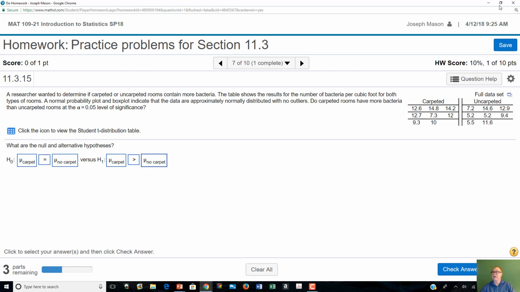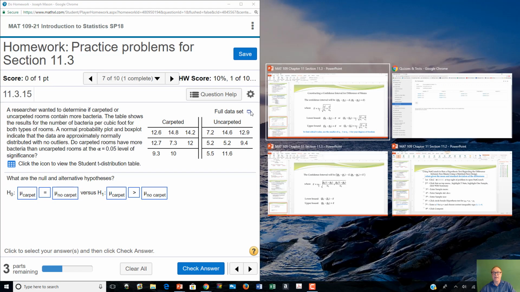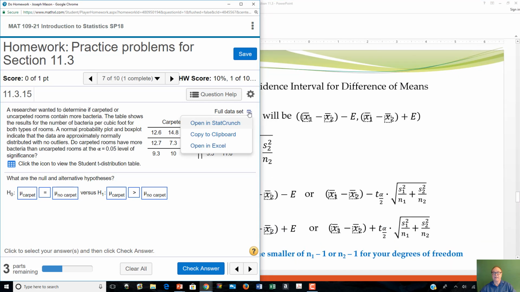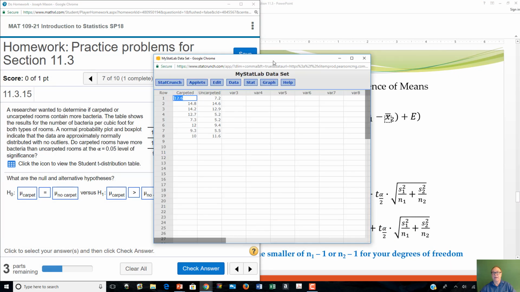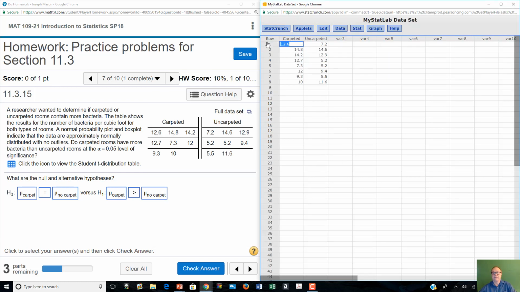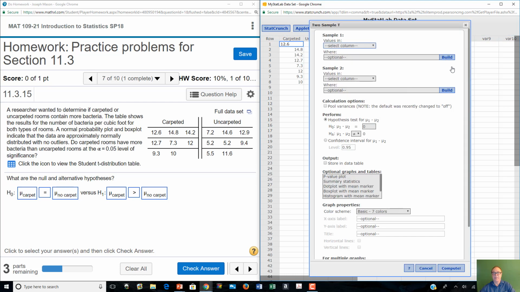All right, now let me shrink this back down, pin it to the left side. Now I'm going to open my data in StatCrunch. I'm going to pin it to the right side. Now, in this case, I'm going to go under Stat, T-Stats, two sample, with data this time.